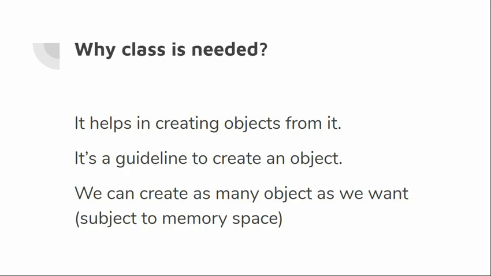So it helps in creating objects from it. We can create as many objects as we want, subject to memory space. If we have memory space, we can create infinite objects based on the memory space.